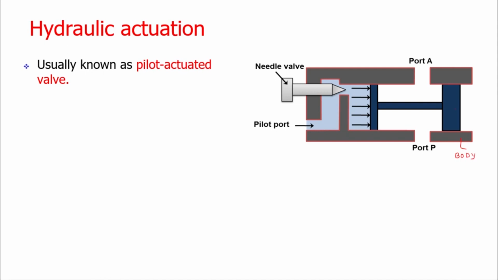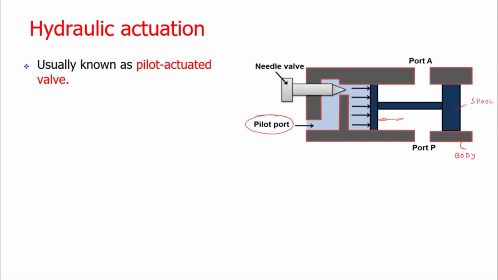In these internal spaces we have the spool. The spool has an area over which we are applying external pressurized hydraulic fluid. The external pressurized hydraulic fluid is applying pressure on the spool, and that is displacing the spool from the original position. It is operating the spool.